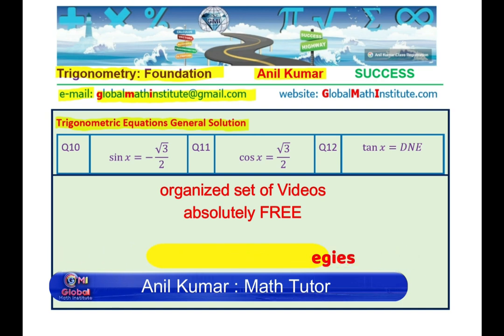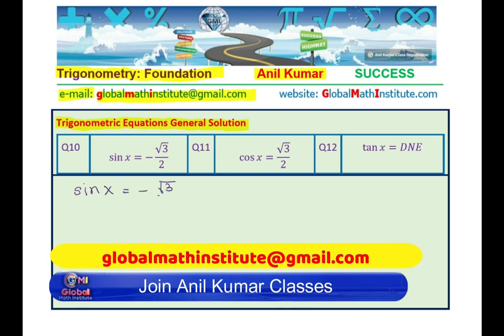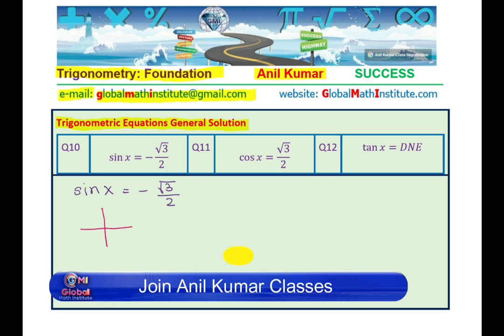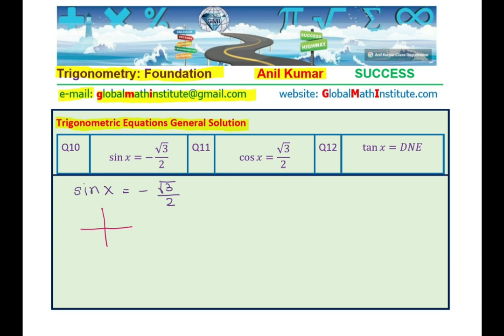So the very first one is sin x equals minus square root 3 over 2. We'll follow four steps. The first one is, where does the solution lie? We need to provide the general solution, but again and again, in which quadrant are we going to look for the solution?